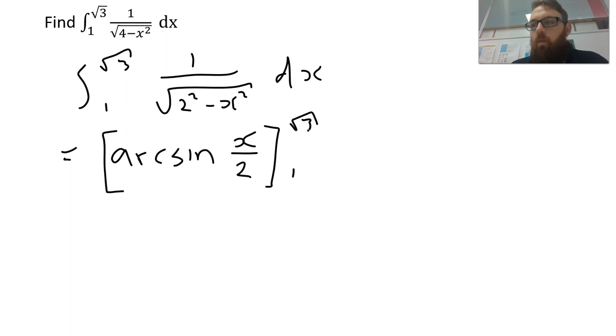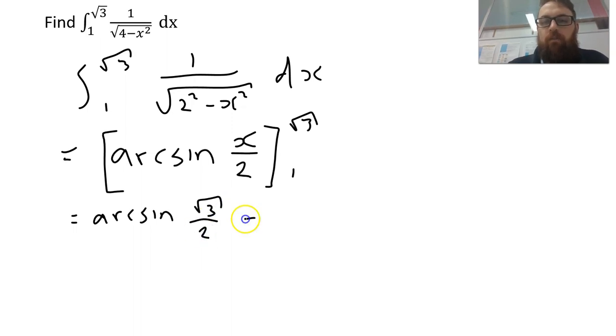So we can now work that out by substituting in our values. So what we're going to get is the arc sine of root 3 over 2, subtract arc sine of 1 over 2.